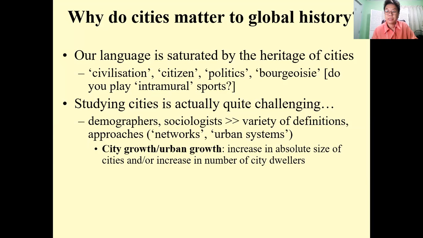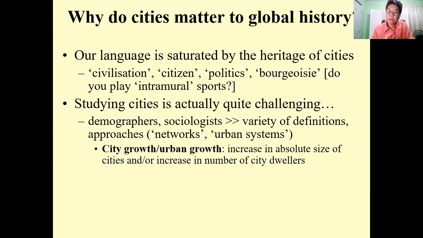In the 19th century there were dramatic changes in urbanization and urbanism because the language is saturated by the heritage of the cities, civilization, politics, and the bourgeois. In growing France, for example, the bourgeois described the identity of people back then.